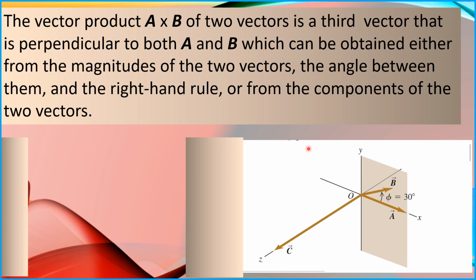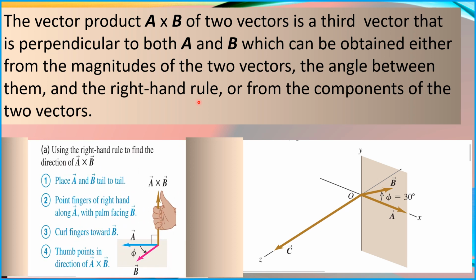Alright, so the first method that we're going to use is what is mentioned here, basing the solution on the magnitudes of the two vectors, given the angle between them, and using what we call the right-hand rule. So what is this right-hand rule? Before that, let us emphasize that the two vectors, vector A and vector B, actually lie in the same plane, the xy plane.